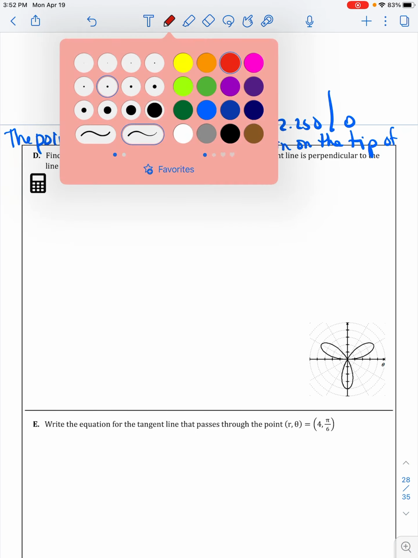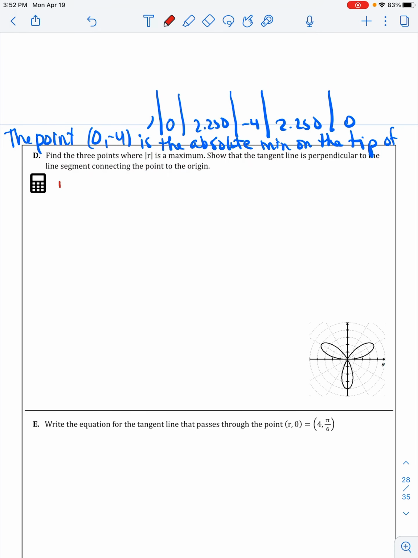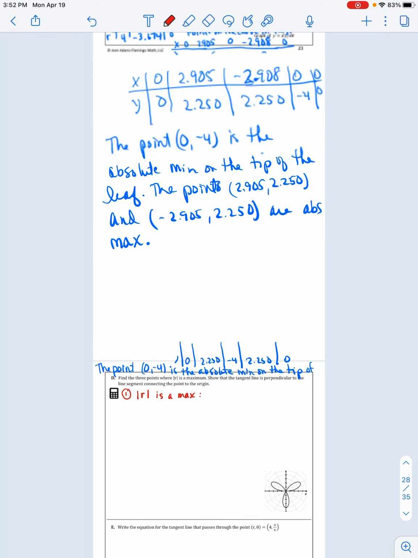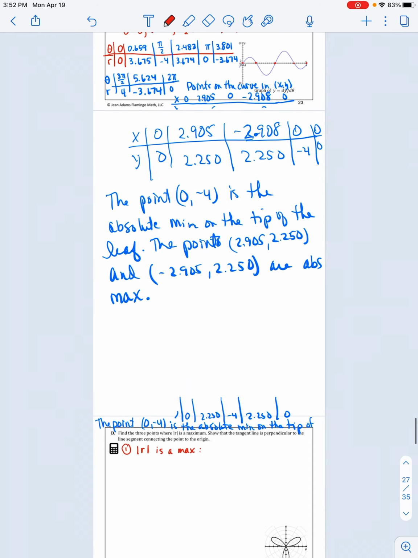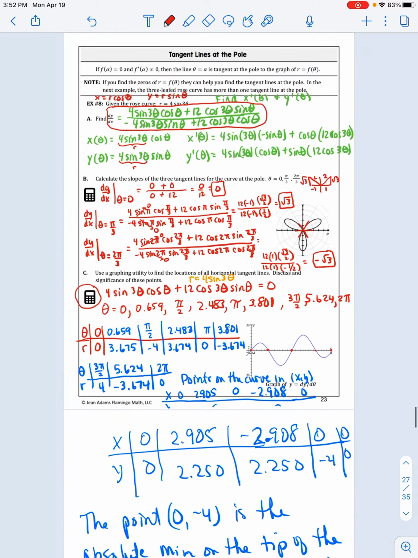All right, so the first thing we do, and I'm going to go ahead and change the color just so it doesn't run into the other one. The first thing that we are going to consider is where the absolute value of r is a max.